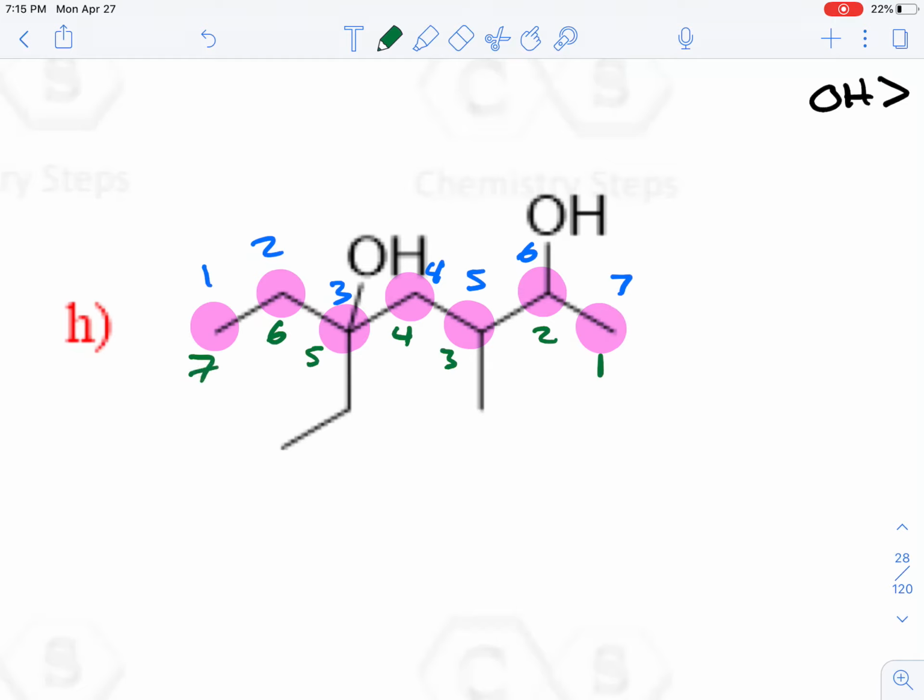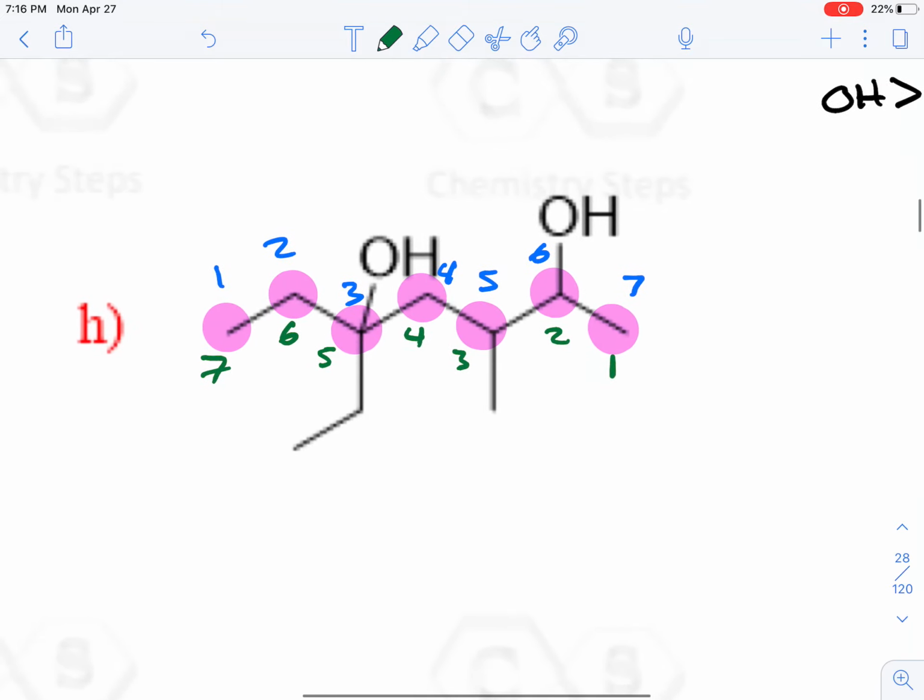And so I'm going to choose a numbering system so that my alcohols have the lowest numbering set. And so if I go from right to left, which is in green, notice that I have an alcohol on carbon 2, and I have an alcohol on carbon 5. So I have 2, 5.